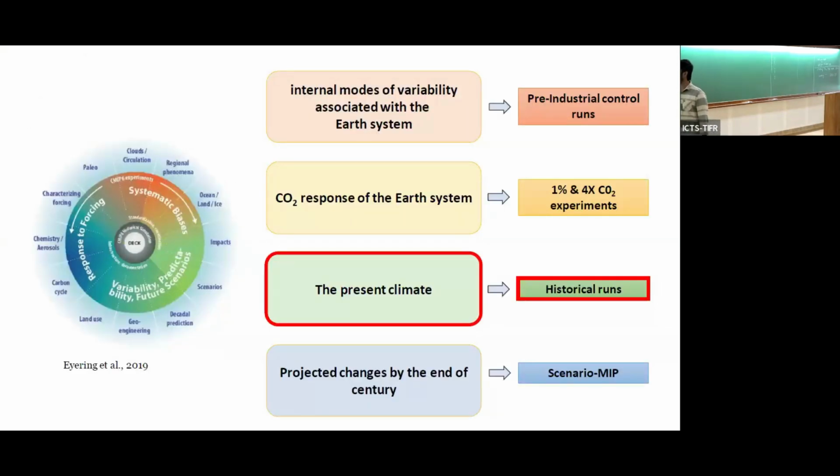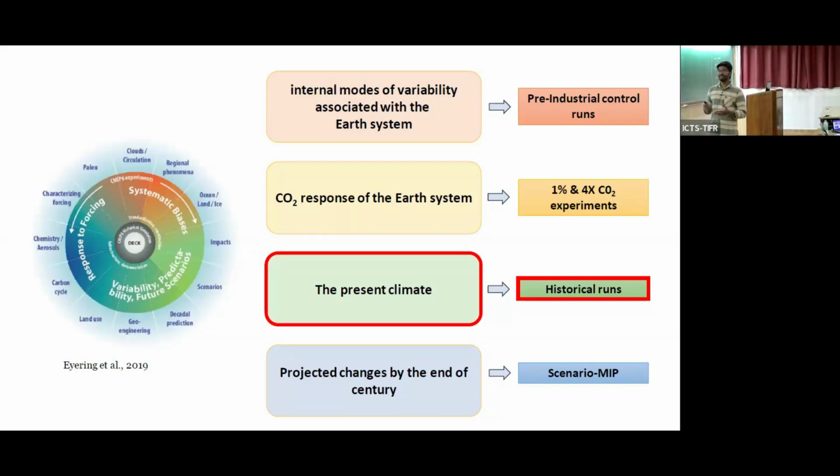A brief introduction about CMIP6. It has a set of predefined experiments, some specialized experiments and so on, to study different climatic phenomena. To study internal modes of variability associated with the Earth system, you can use pre-industrial control runs. To study the CO2 response, you have different CO2 experiments.